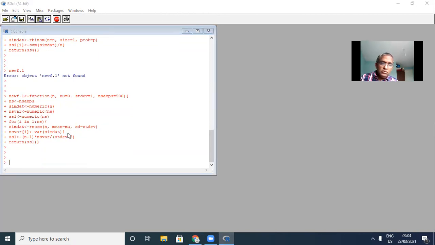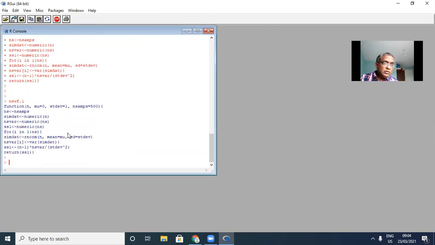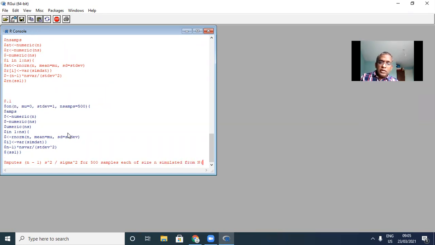This function here is called new f.1. What it does is it computes n-1 times s squared divided by sigma squared, for 500 samples each of size n simulated from the standard normal distribution.